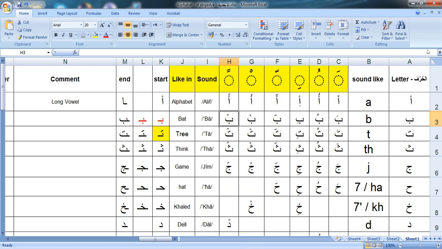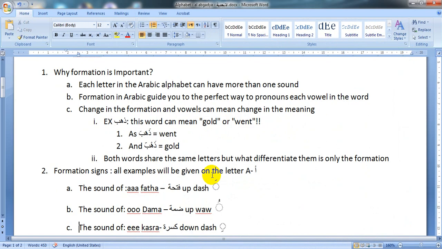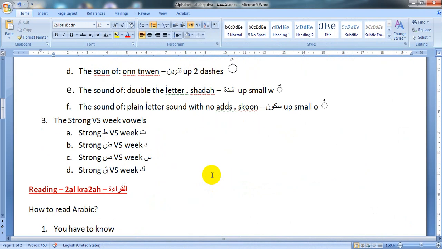So you have to know things about the alphabet and the formation, everything. And now I want you to notice something. Some letters in Arabic are very confusing, like the B and P in English. Exactly like the B and P. Like the ta and ta, dad and dal, sad and sin, qaf and kaf.